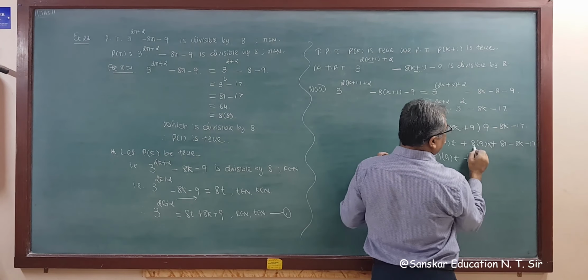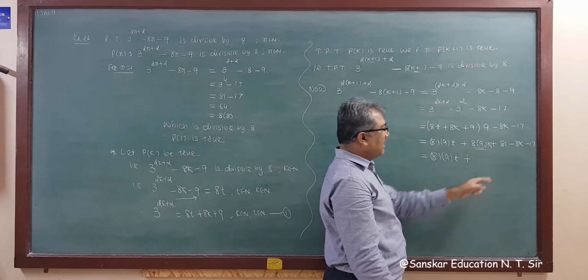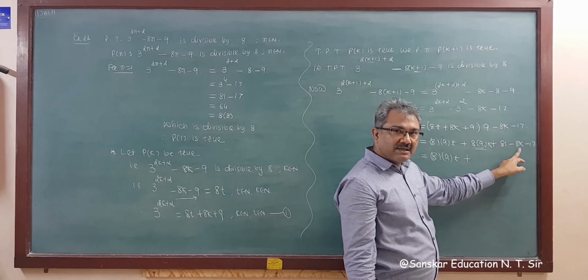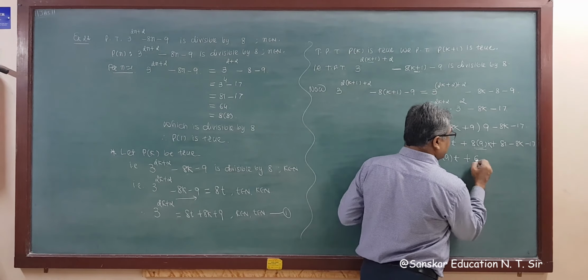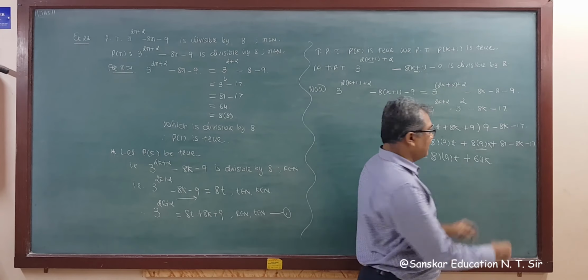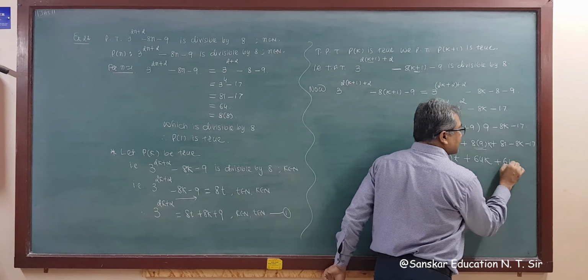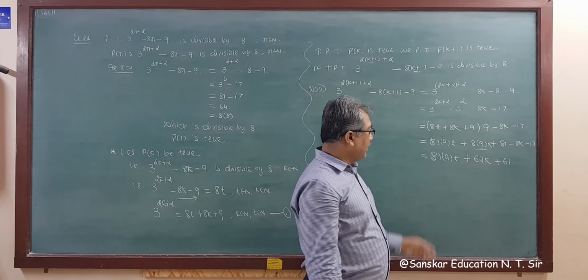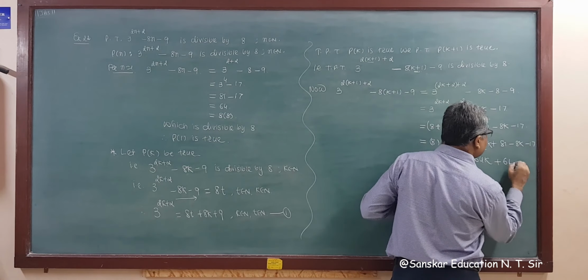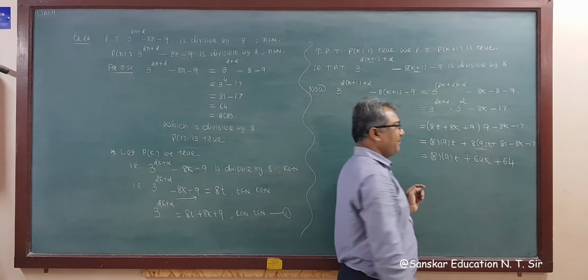So this is 72k. Now 72k minus 8k is 64k, so plus 64k, and 81 minus 17 is plus 64, right?